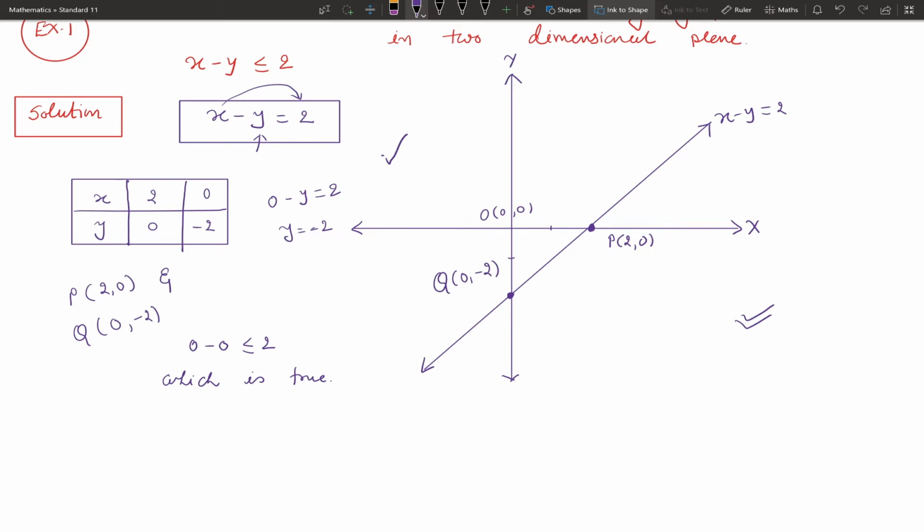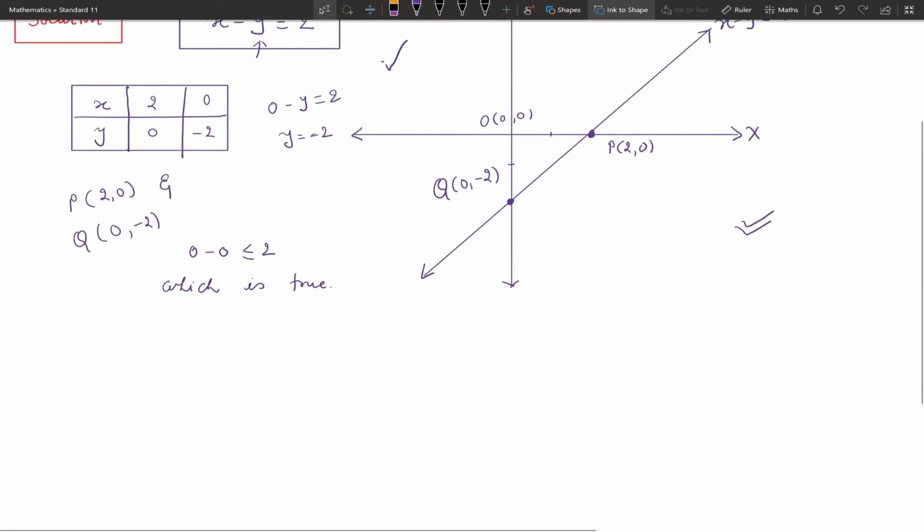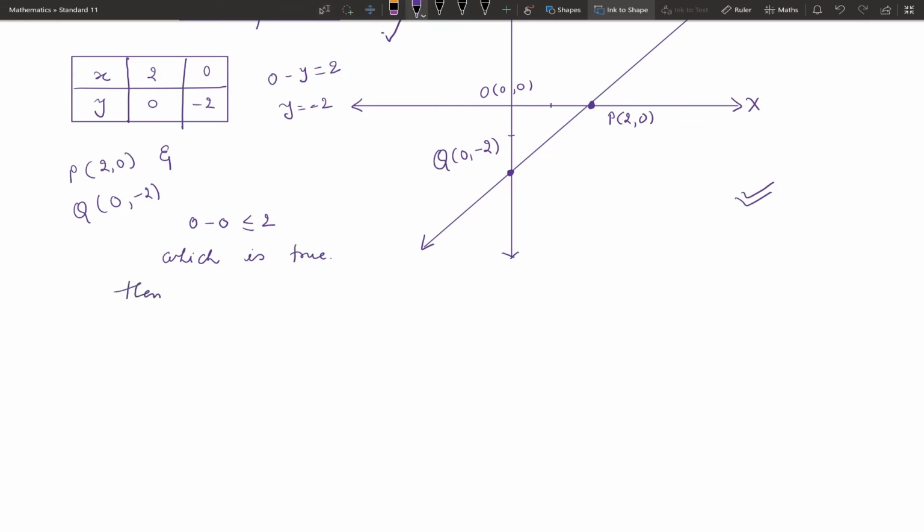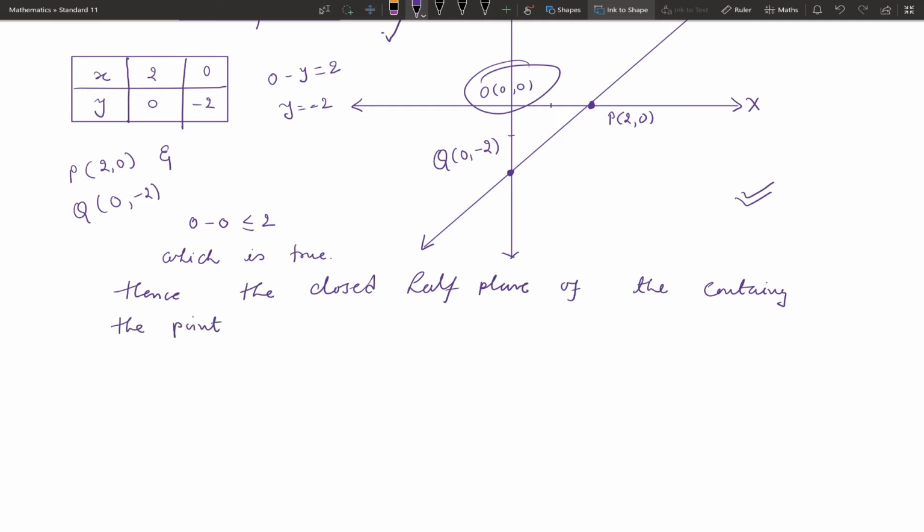So its interpretation is solution will contain origin, hence the closed half plane of the line containing the point 0, 0 is the solution set.